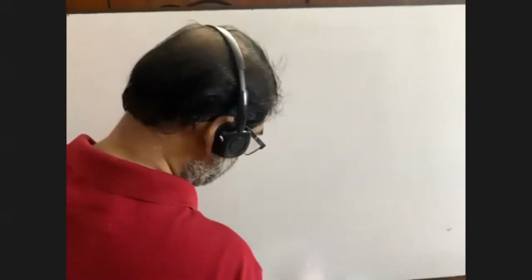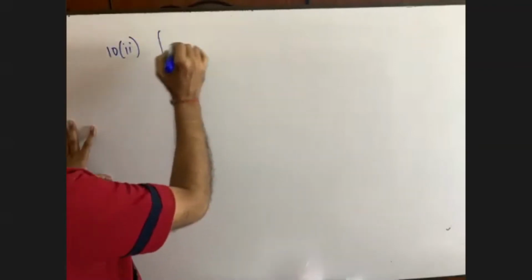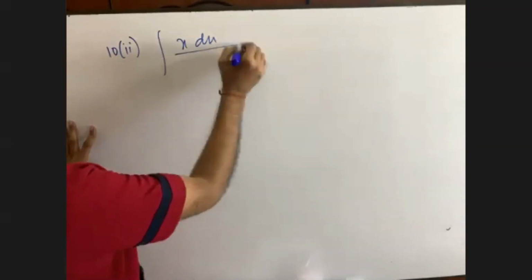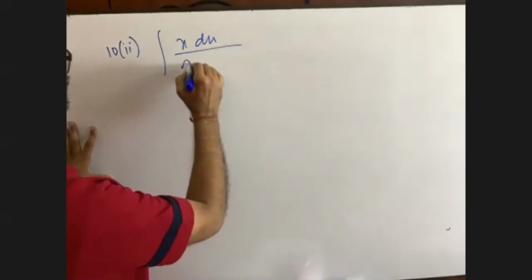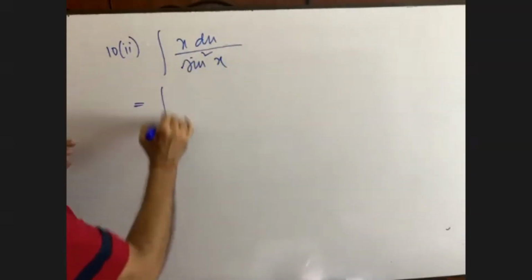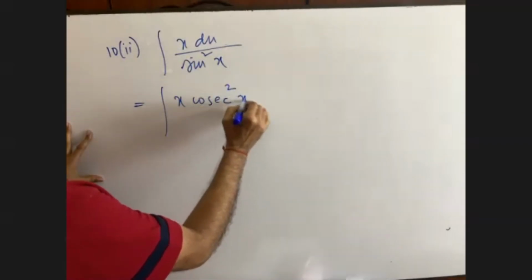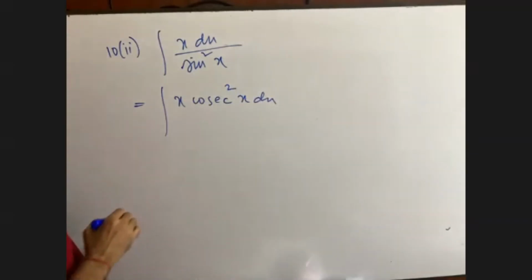Now we are getting question number 2 of 10. It is x dx by sine square x. Not a matter, we can write down here x cosec square x dx.